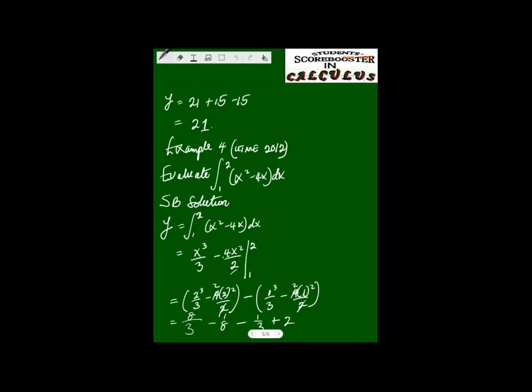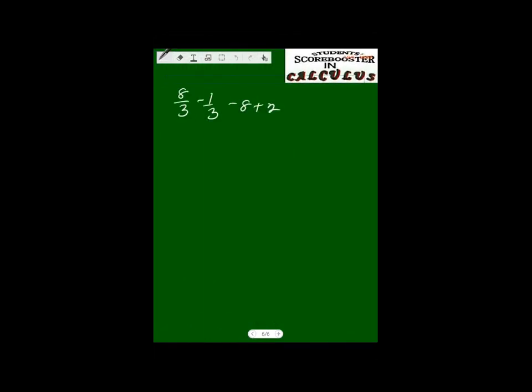I hope this is clear, right? This is minus 8, this is plus 2. Brought them together, 8 over 3 and minus 1 over 3. Since these two have the same denominator, it's very easy. So don't forget to put the equals to, especially. So 3 over 3, you're just going to have 8 minus 1, which is 7, then minus 8 plus 2, that's minus 6.